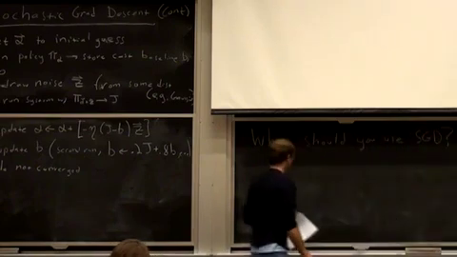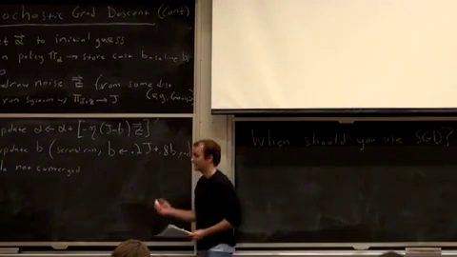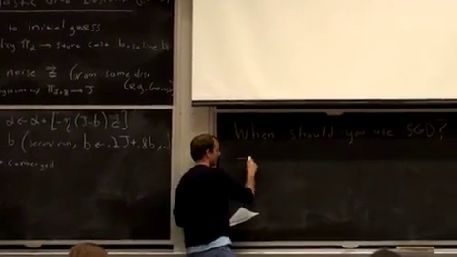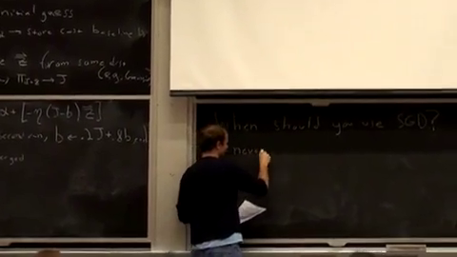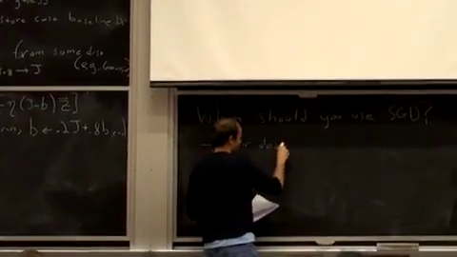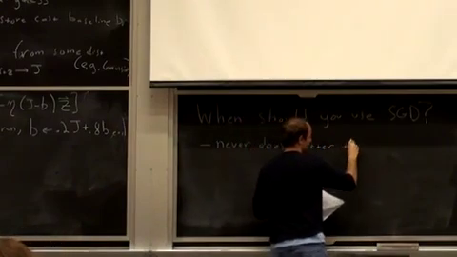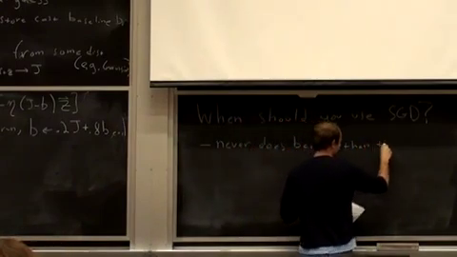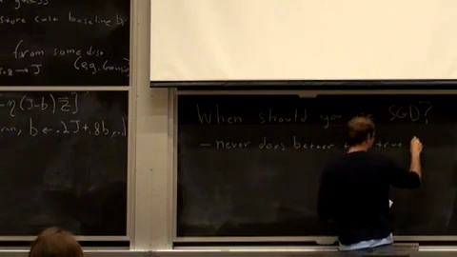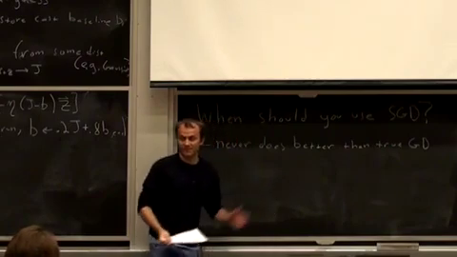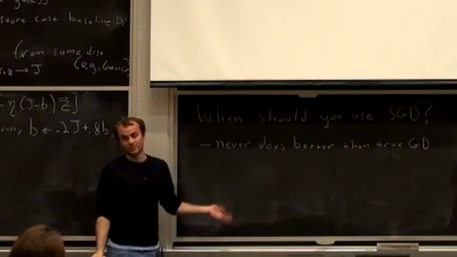It's important to remember, one, that it never does better than true gradient descent. So if it's cheap to evaluate the true gradient, you can follow that true gradient down, and you'll be in pretty good shape.